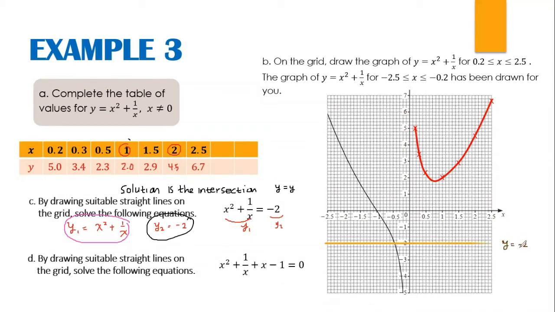So where is the intersection? Correct. This is the intersection, right? So we got the intersection for both functions. Now we are going to find the intersection with respect to x. So what about the solution with respect to x? This is the x, right? You have to find the value of x on the x-axis.